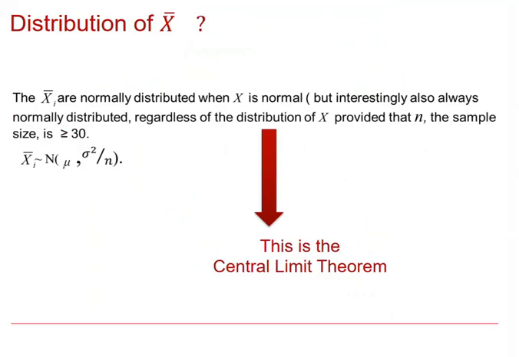So you should already know that sample means are normally distributed when the original population is normally distributed. The interesting thing with the central limit theorem is that it states that sample means are always normally distributed regardless of the distribution of the original population, provided that n, the sample size, is greater than or equal to 30.